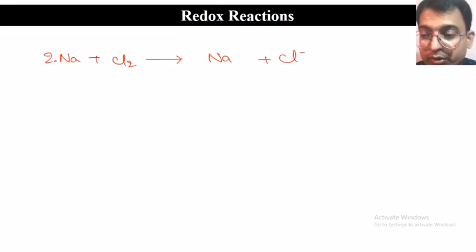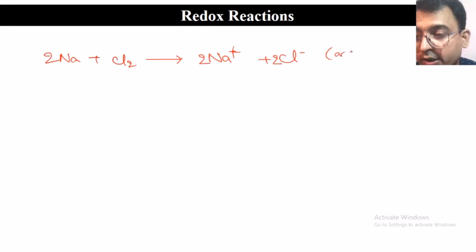Let us put this in the equation. Two sodium atoms combine with two chlorine atoms to form two sodium ions and two chloride ions, or you can also say two molecules of sodium chloride.